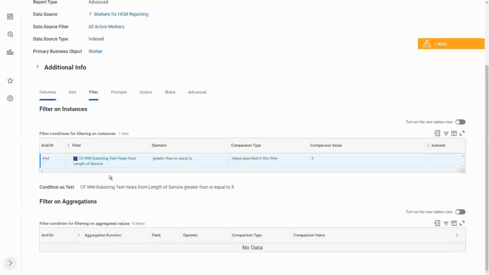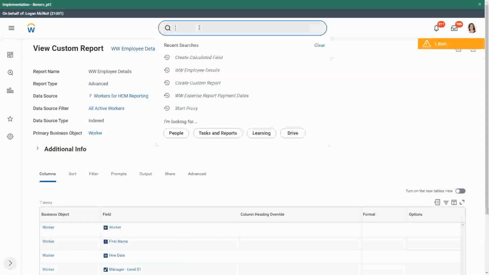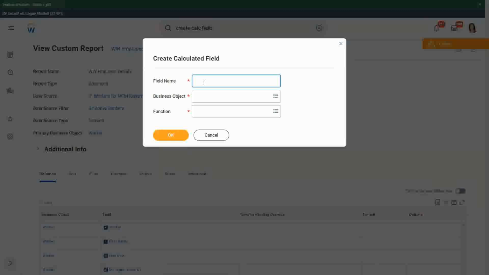So what is the field here? This is the field. So let's do it. Create calc field. So we did all of it correctly. We were able to extract the data, but the problem that we had was... so let's say, number of years from length of service.